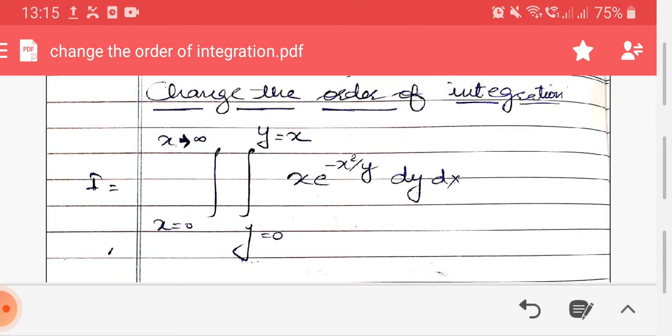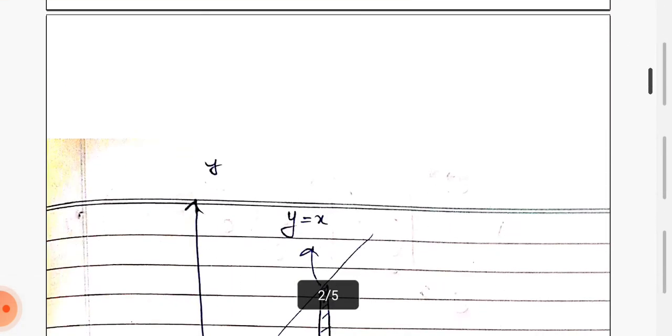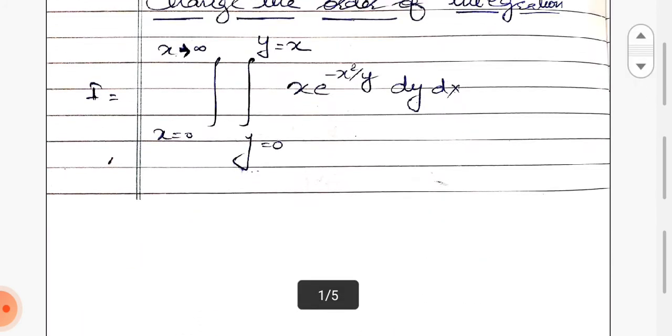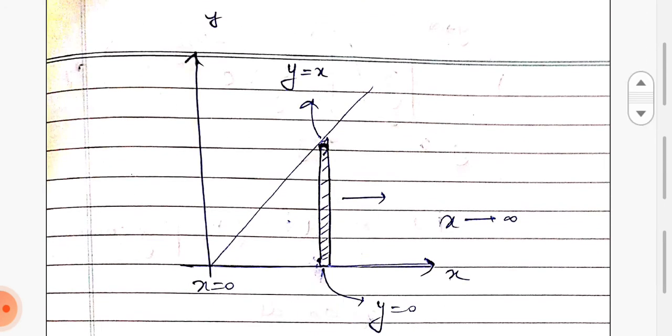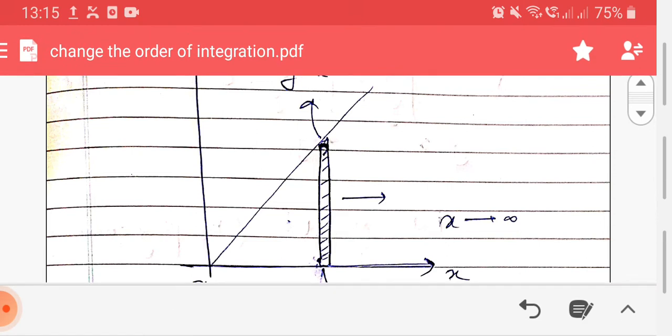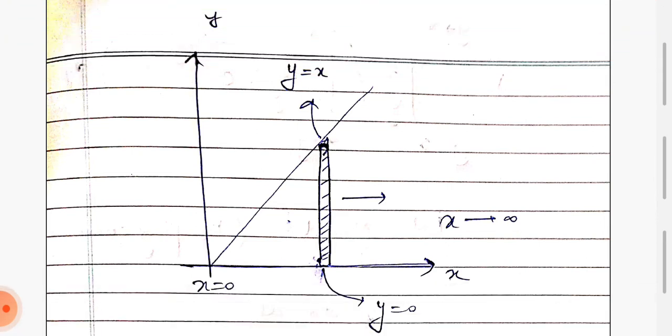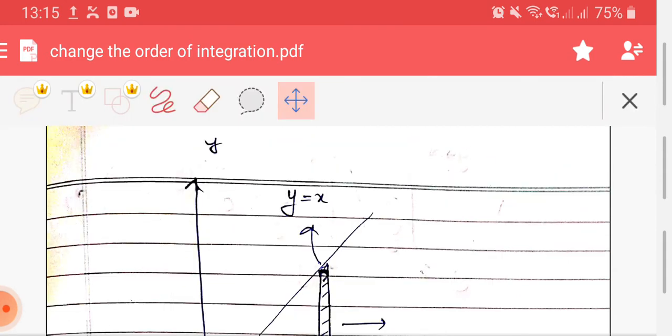So let's start. You can see I have plotted a graph because they have given the limits. You can see y equal to 0 and y equal to x, x equal to 0 and x approaches infinity. So that's basically this kind of graph you will get. And in this graph, because they have given the limit of y as 0, we generally know where it is.